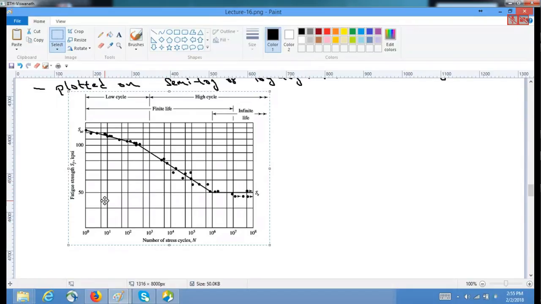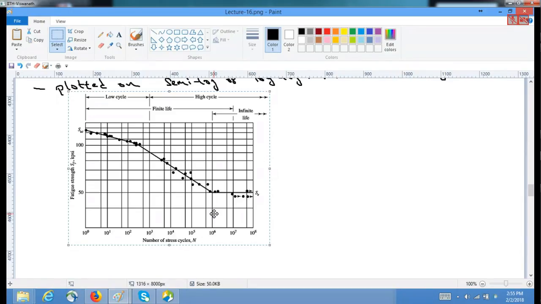Similarly, if you operate at 50, you see it reaches a plateau. That means for any value below 50, it sustains more than 10 power 6 cycles.